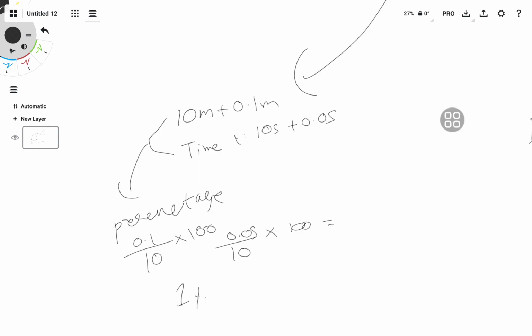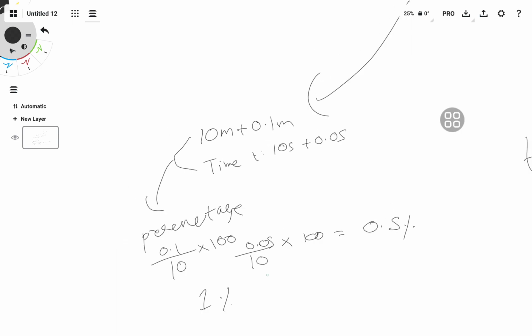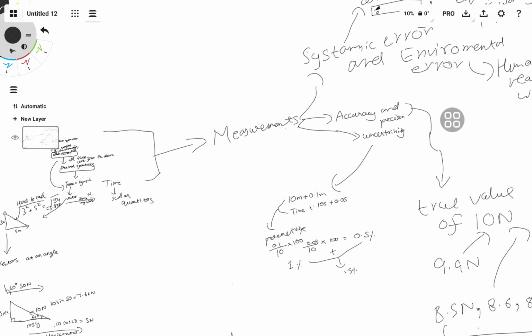So 1% uncertainty here plus 0.5 percentage. We add them together and we get 1.5 percentage.